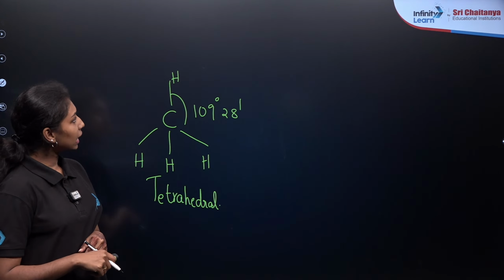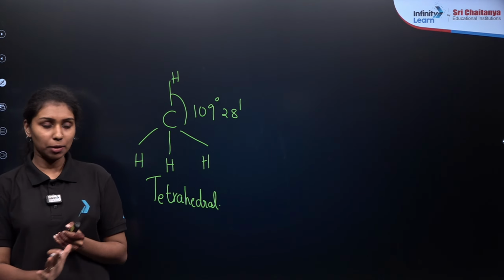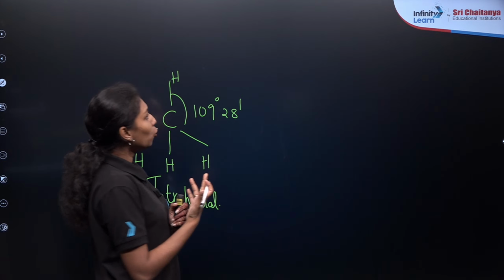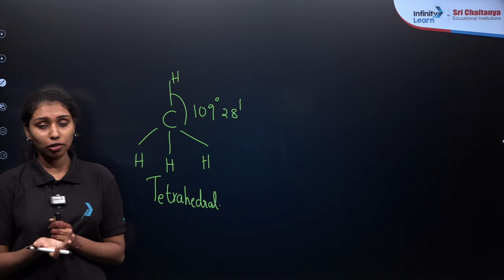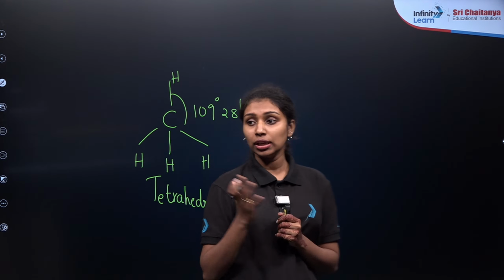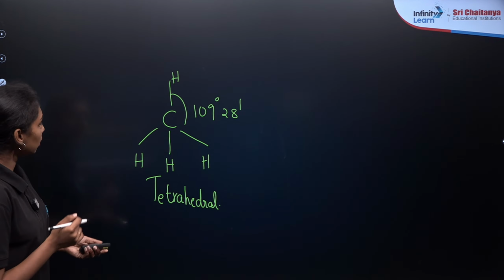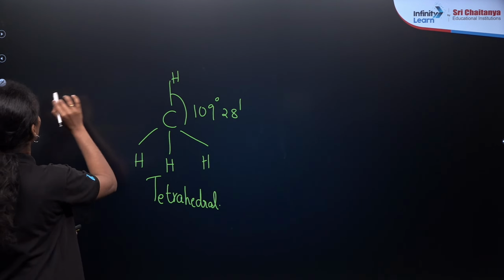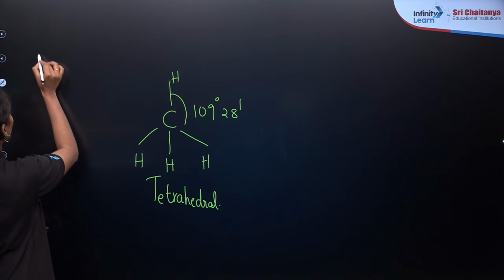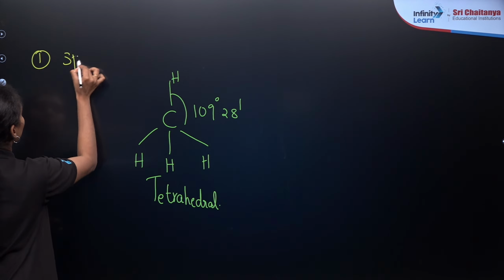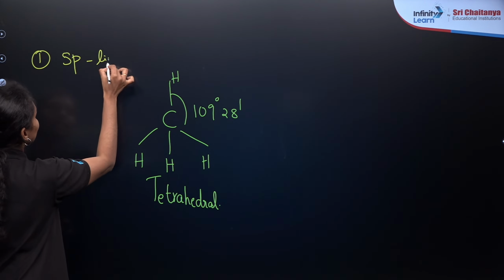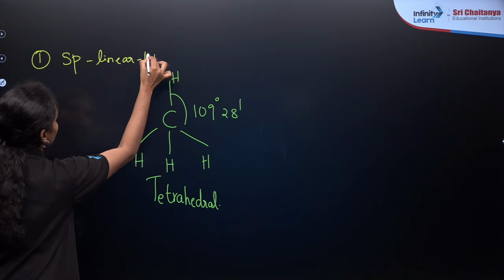Then there are two more exceptional cases in sp3 hybridization. As we already know, the shape of the molecule depends upon the hybridization, right? In sp hybridization, the shape of the molecule is linear, with a bond angle of 180 degree.